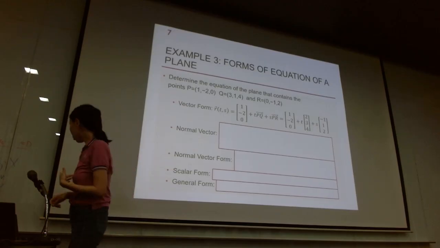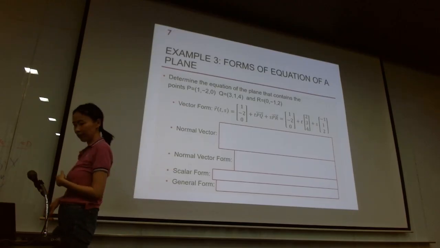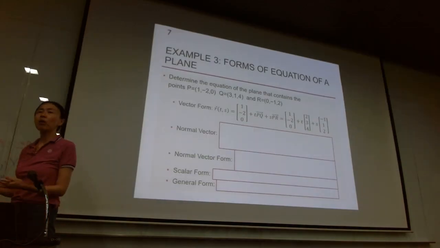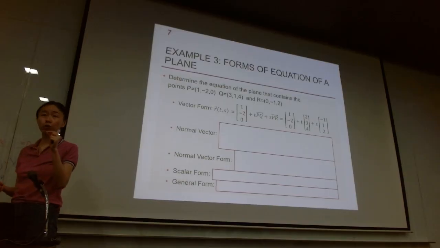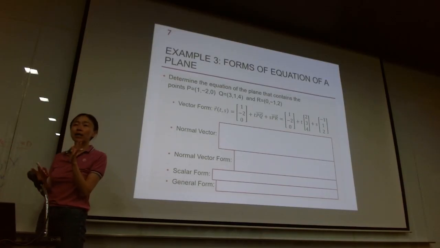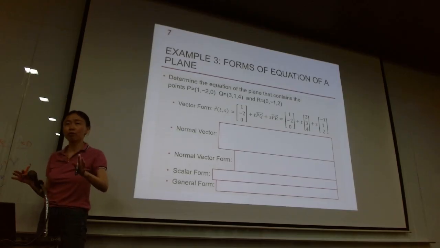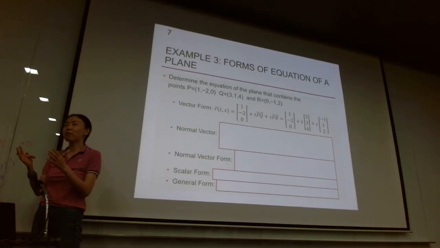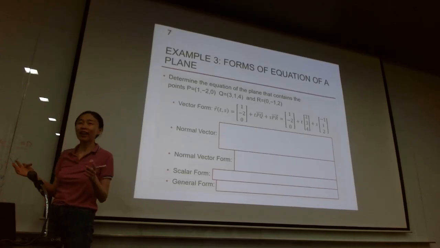Then how to do the cross product? Indeed, I have no way, but I allow you to use a calculator in the exam. This one I do not require you to do by hand, because after you finish linear algebra, when you need a cross product, no one uses hand calculation.